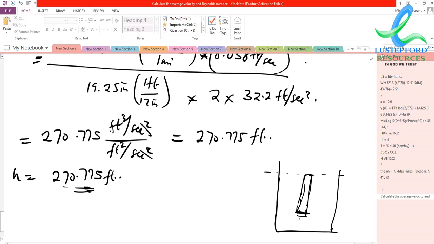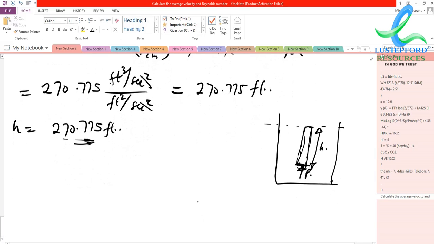Now we want to calculate the pressure here at this height, h.